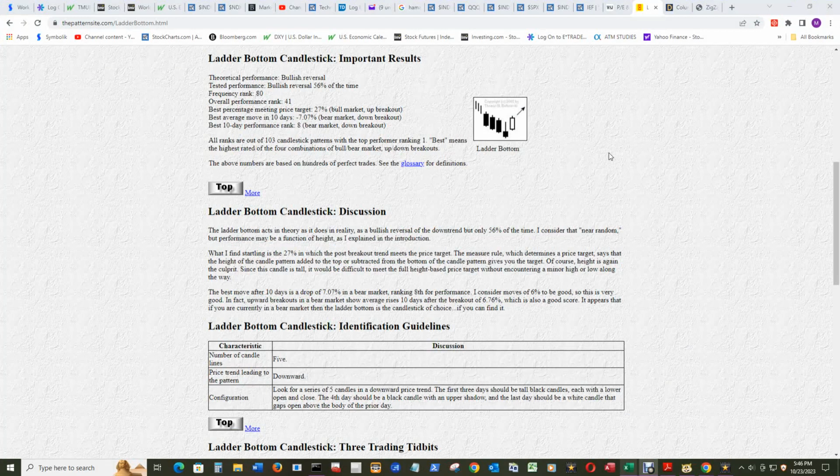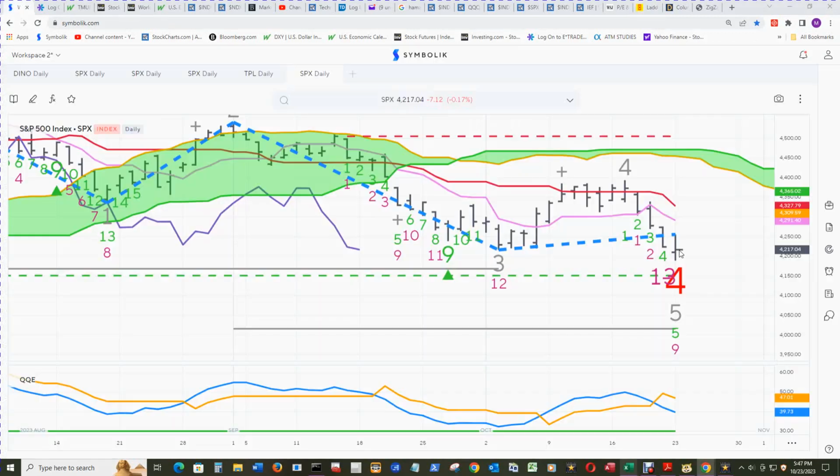So we could get the ladder bottom candlestick pattern here. Here's the identical 3 black crows, and then the bar today closed lower and opened lower than the previous bar, the last bar of the identical 3 crows, with a tall wick here.